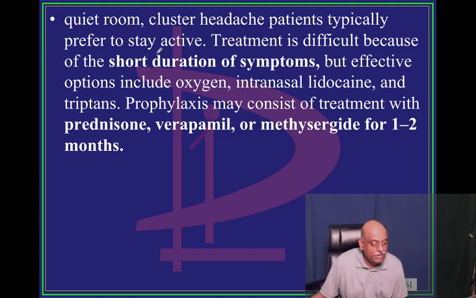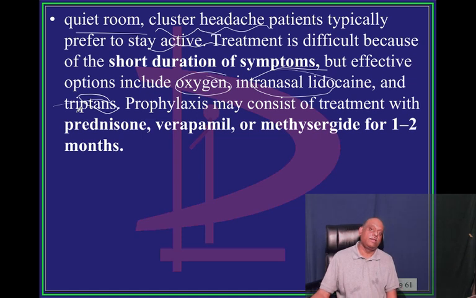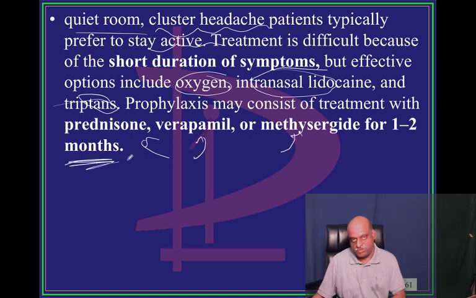Migraine people love to remain in the dark, in a quiet room, whereas cluster headache patients will be running and tossing, staying active. Oxygen, intranasal lidocaine, triptans, they all have a role. And for prevention, prophylaxis: prednisolone, verapamil, methotrexate for 1 to 2 months.